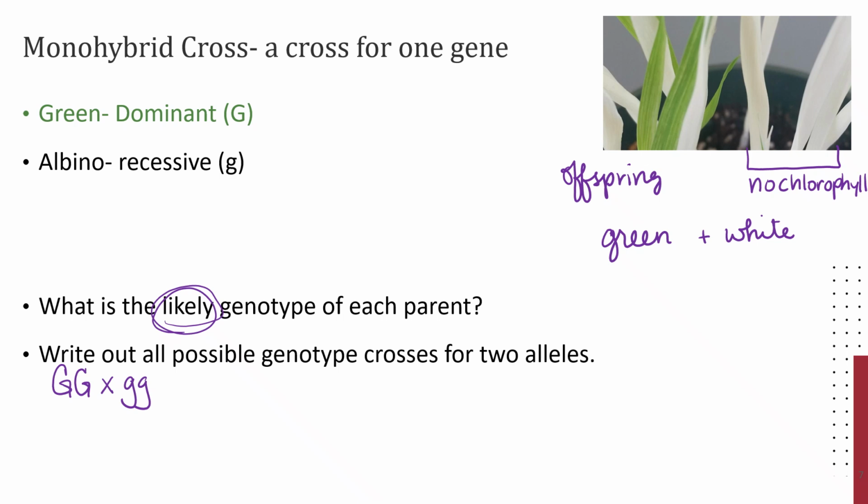Sometimes students will immediately identify which one this has to be, especially if you've had biology with genetics before. What we're asking for in that question is, doesn't matter what you think the parents are, what are all of the potential possibilities? And then you circle the one that you think these parents were.